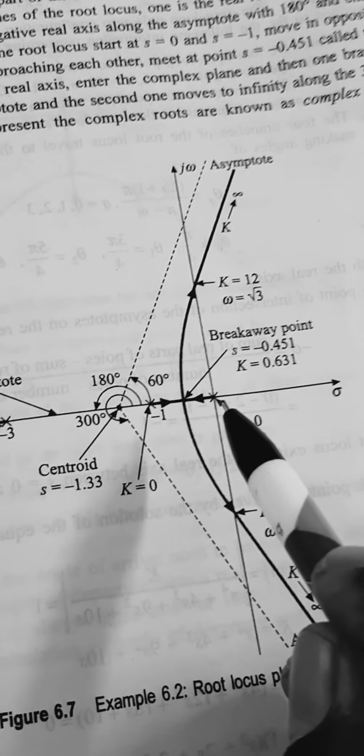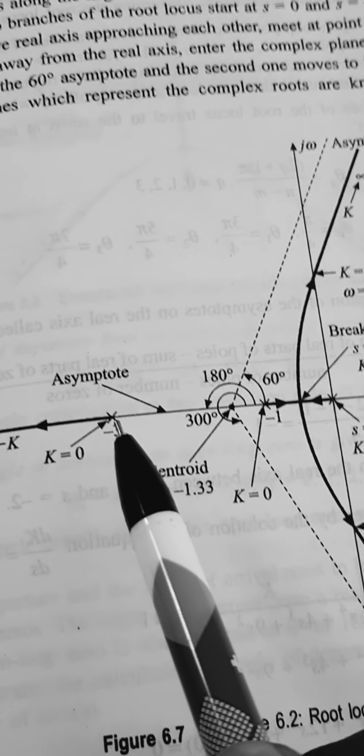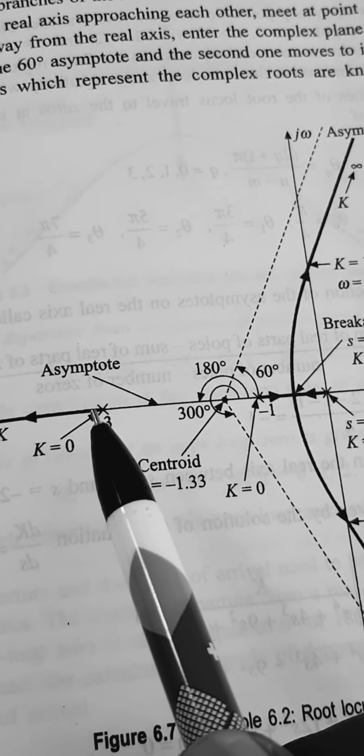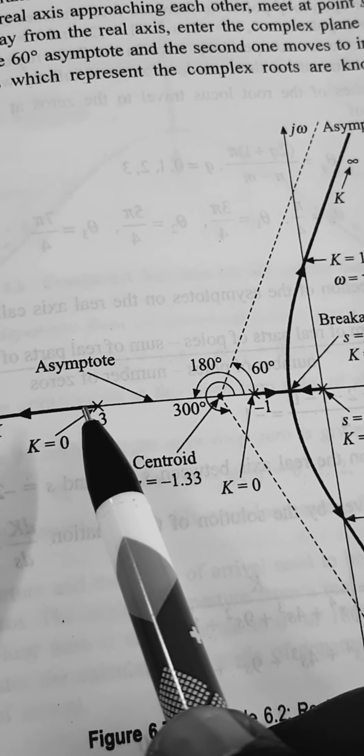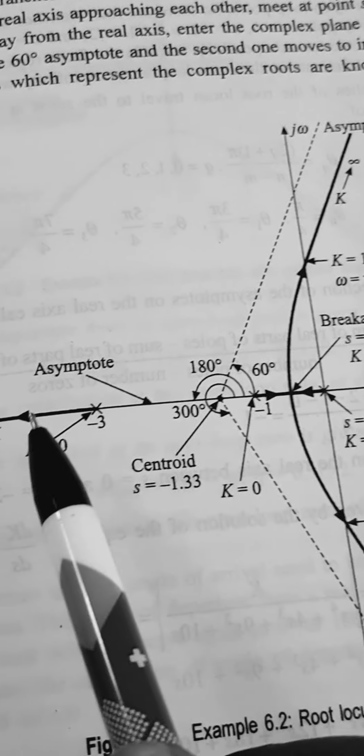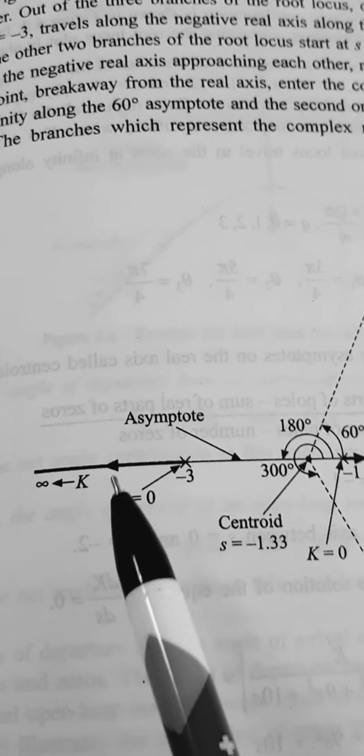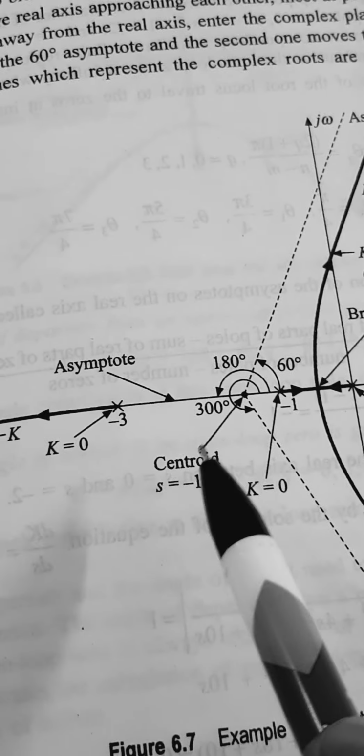So here when you are observing it, when you take this segment on the real axis, to the right of this segment you can see 1, 2, 3 poles, an odd number, so this segment is included in the root locus.